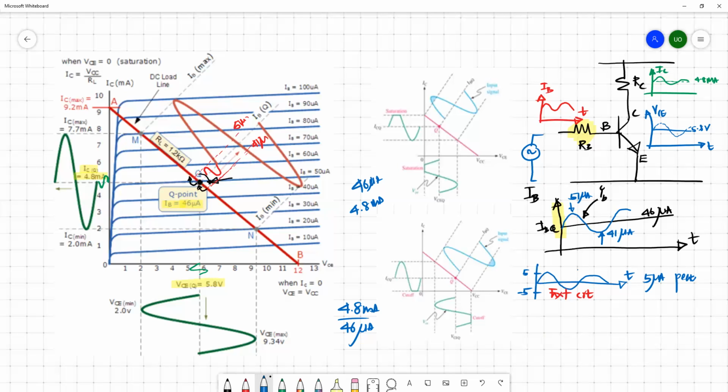You can draw the DC load line, and on top of that you can project whatever inputs and see. Now, for example, let's assume you are biasing your transistor close to the saturation.